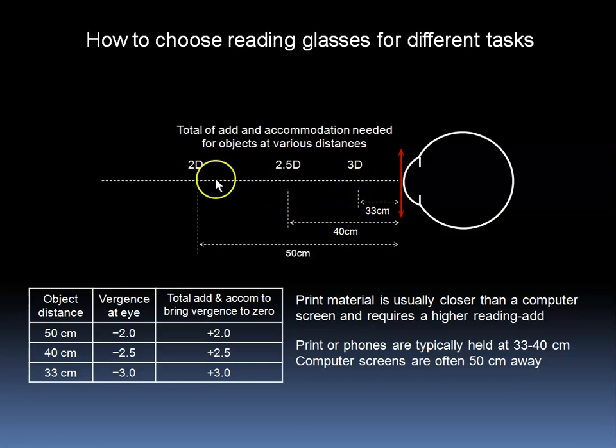In other words, the closer one holds the reading material, the more reading add is required to be able to see clearly. Printed material or cell phones are typically held at 33 to 40 centimeters away, while computer screens are often 50 centimeters away.